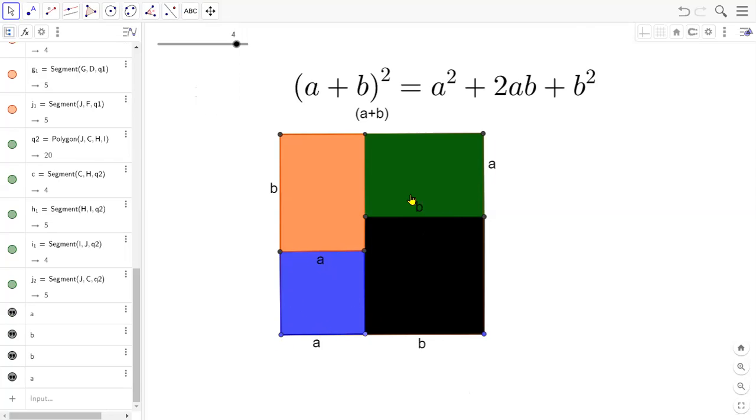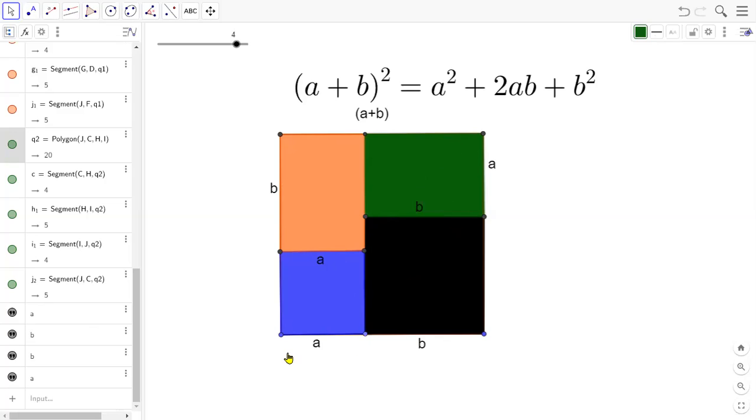The outer square, which has area a plus b whole square, is divided into four parts: two squares, one a square and the next b square, and two rectangles. The area of this square is a square and the area of this square is b square. The area of this rectangle is a times b, and similarly the area of this rectangle is also a times b.